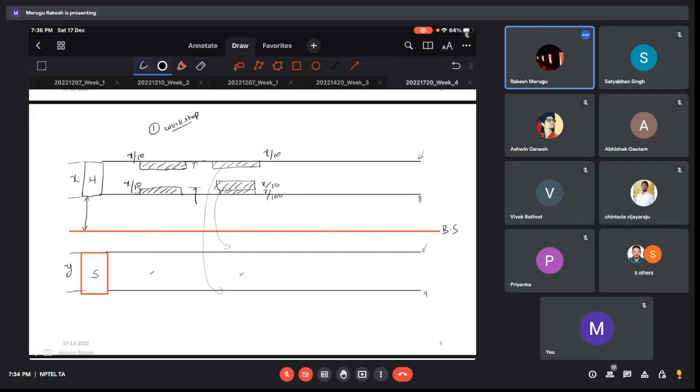Now there is some problem with this type of system. Can anyone tell what the problem is in these gauges? Is it x by 10? Yes, it is x by 10, one-tenth of the tolerance of the hole.